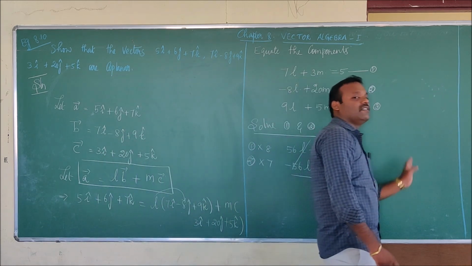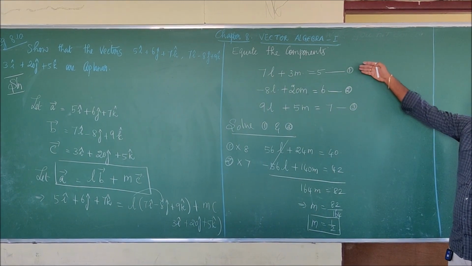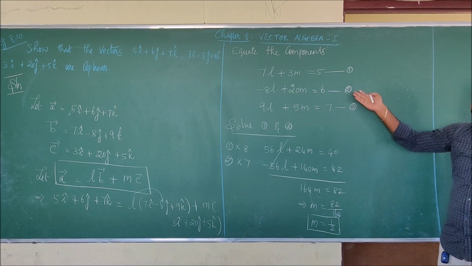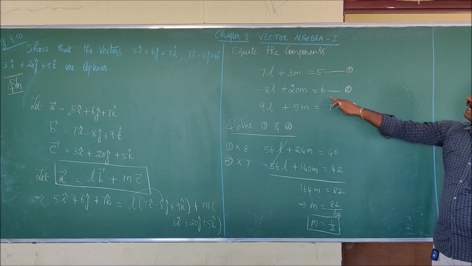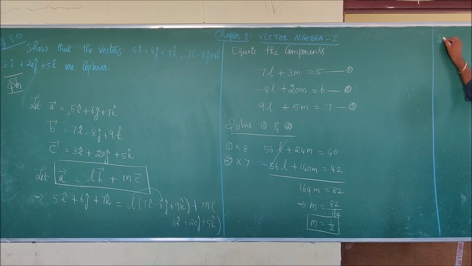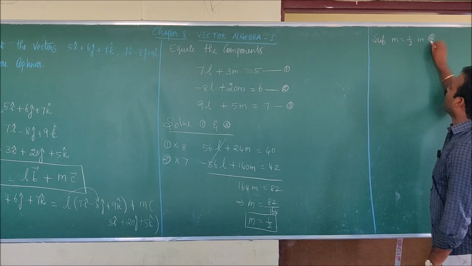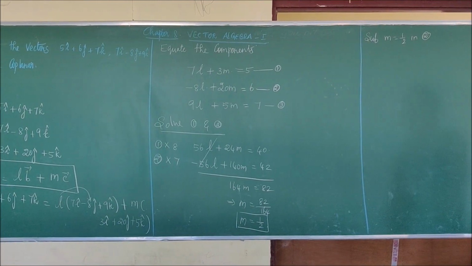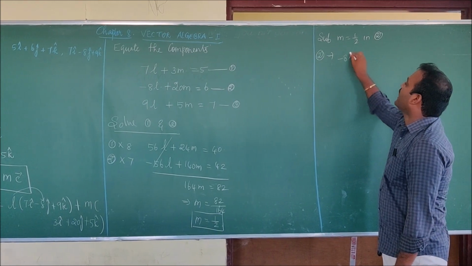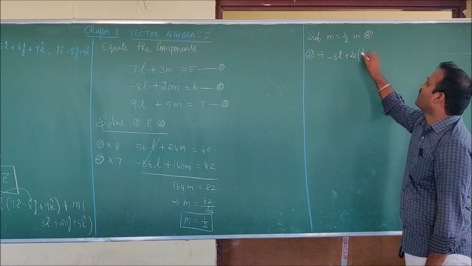Okay. Next, we are going to substitute the value of M either in the first equation or in the second equation. Whichever is convenient for you, you can substitute in that. When I substitute here, it will be convenient for me. So I am going to substitute the value of M in equation number 2. Equation number 2 implies minus 8L plus 20 into M. What is the value of M?